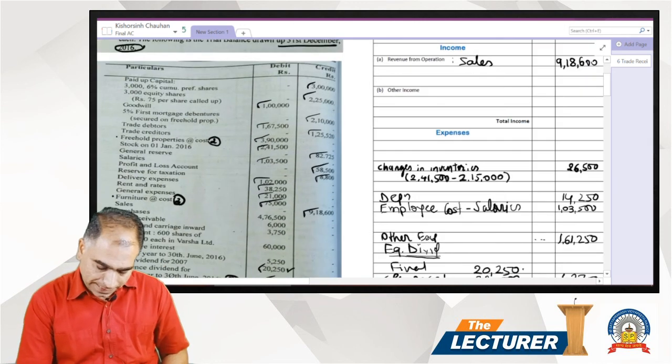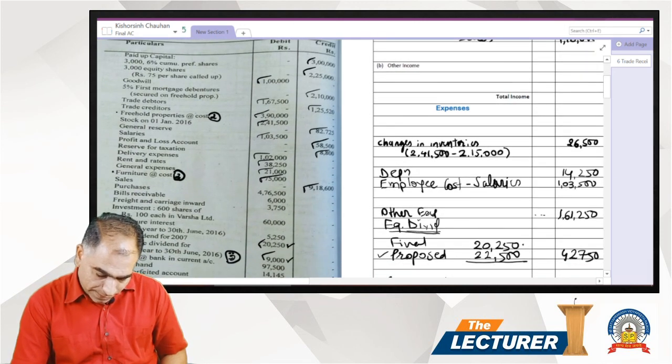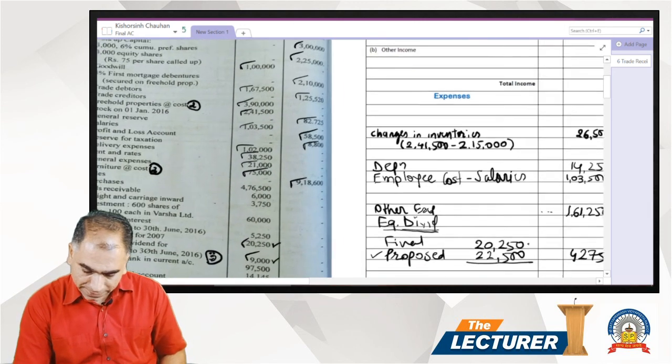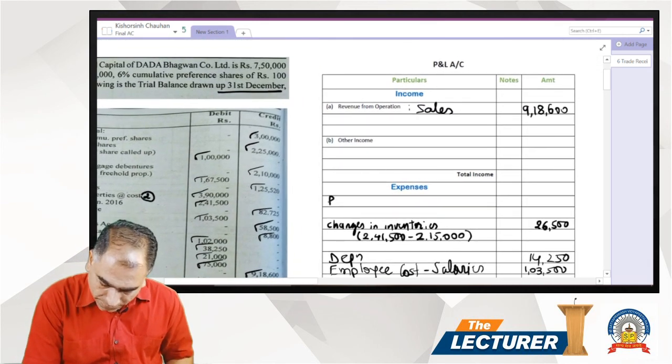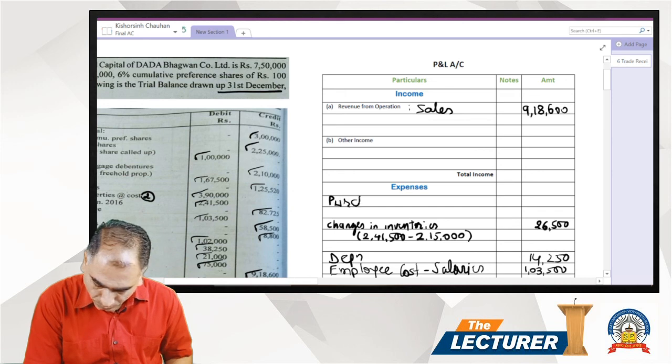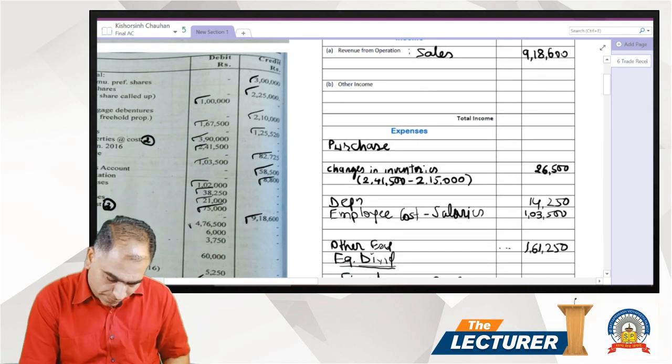After the sales, next item is purchase. 476,500 is part of expenses. So first one, purchase, 476,500.